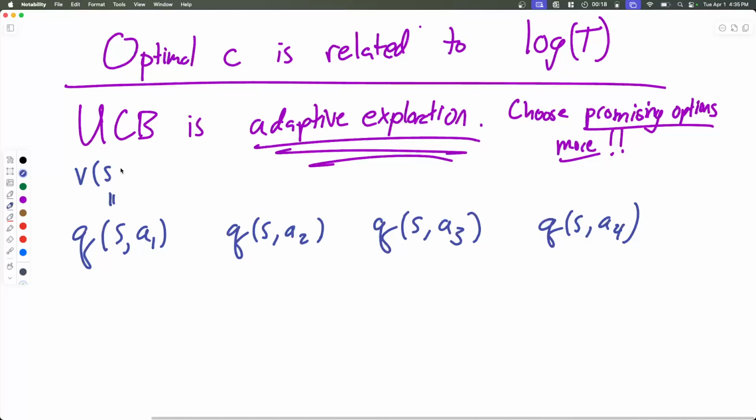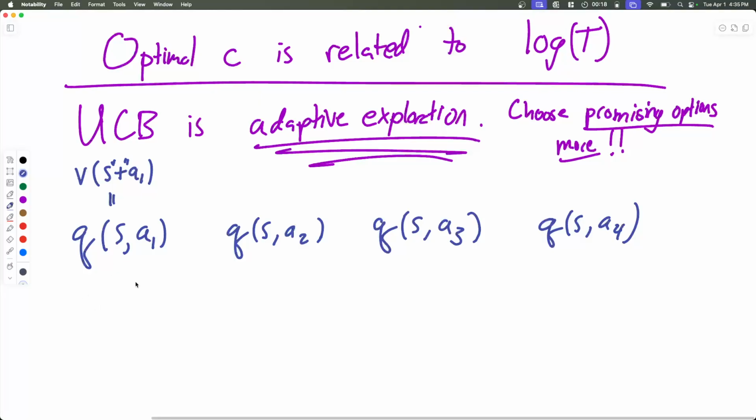So we know the rules. We know what would happen if we played action A1. We would be taken to state S plus A1, in quotes, and then we would calculate a value. So we have all these different things that would happen with the different actions. And instead of always picking the top one, let's pick them with probabilities that are proportional to how large they are. So the larger the Q value, the more we should pick it.